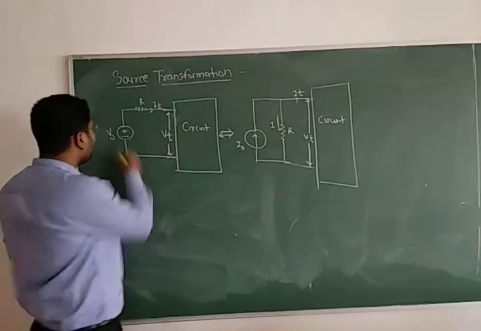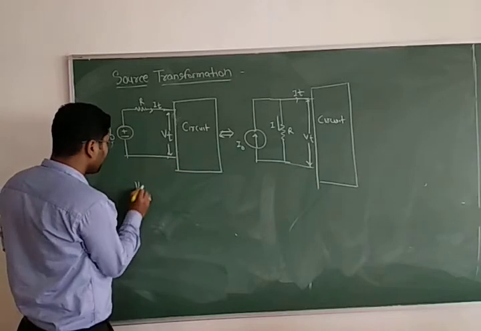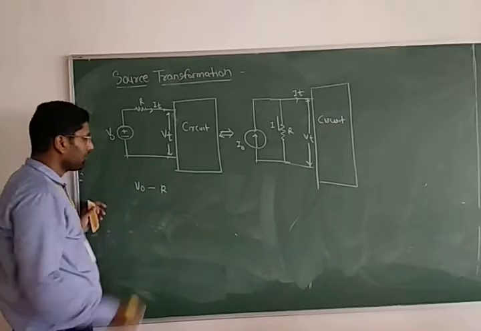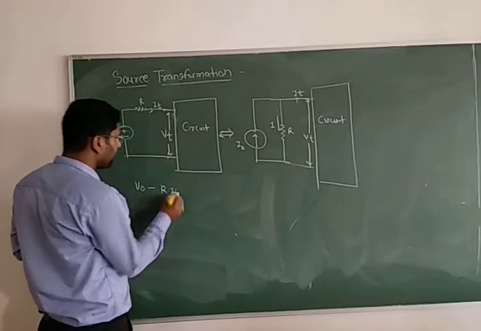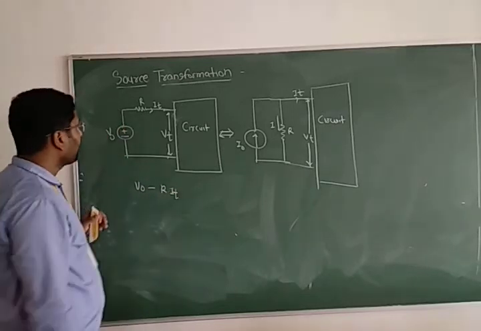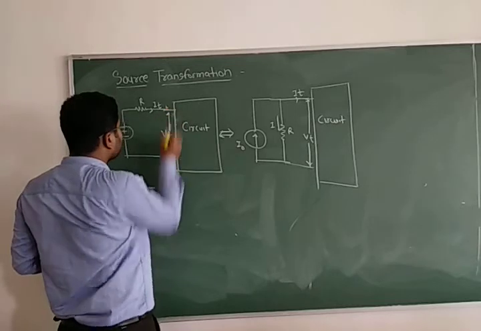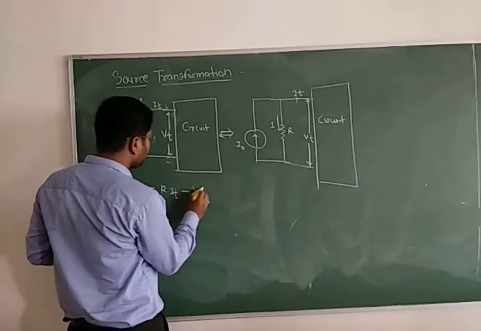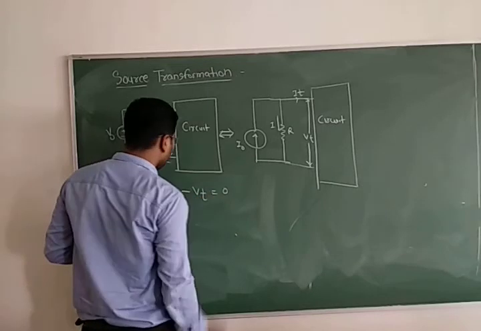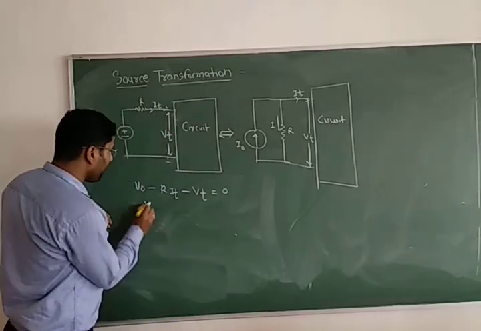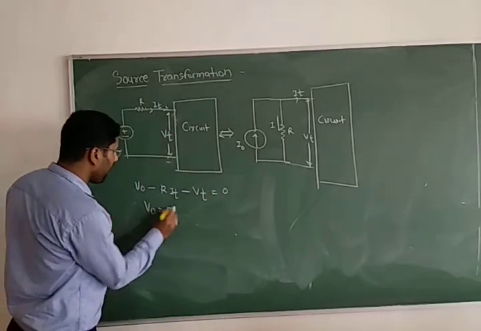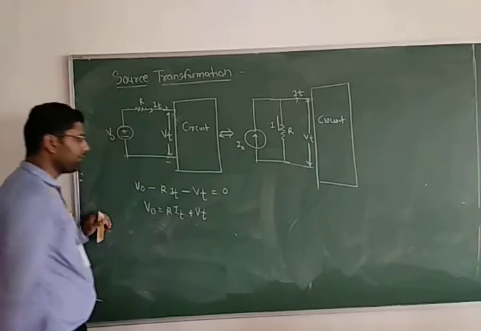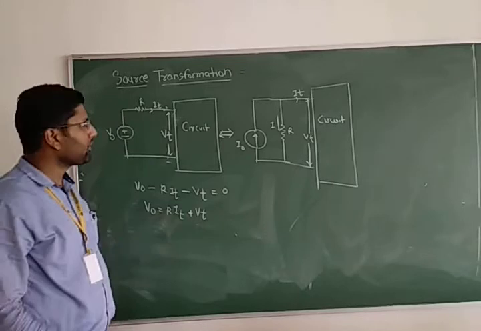So I will apply KVL: V0 minus R into i of t minus v of t is equal to 0. So V0 is equal to R i of t plus v of t. That is the way you can calculate here.